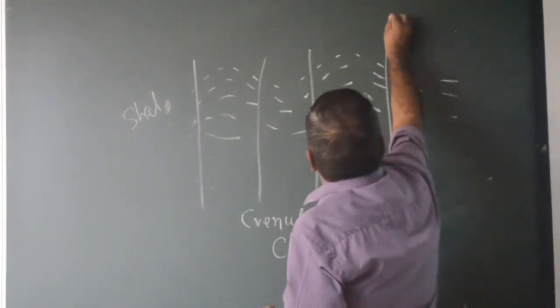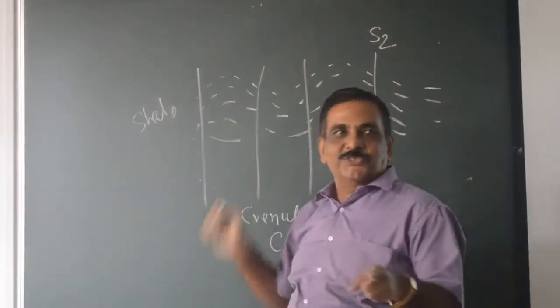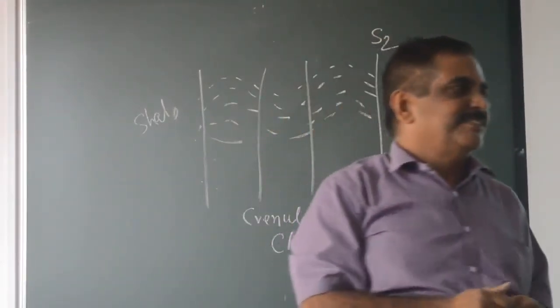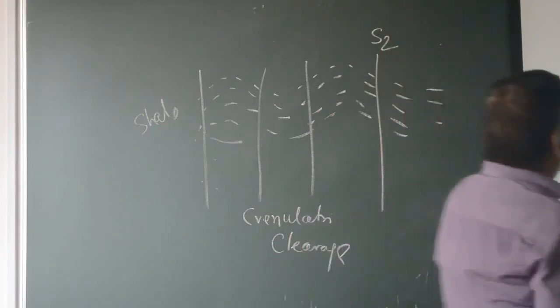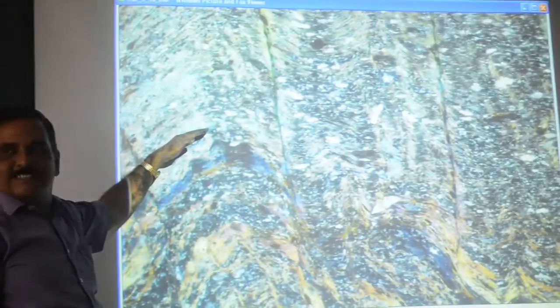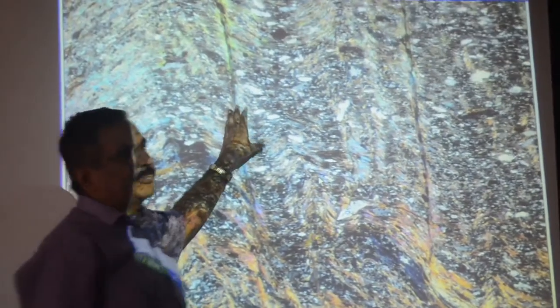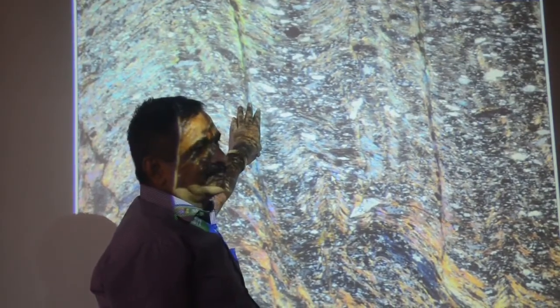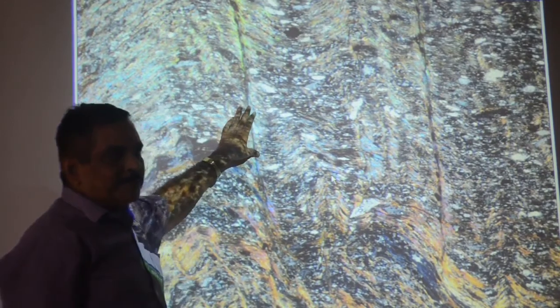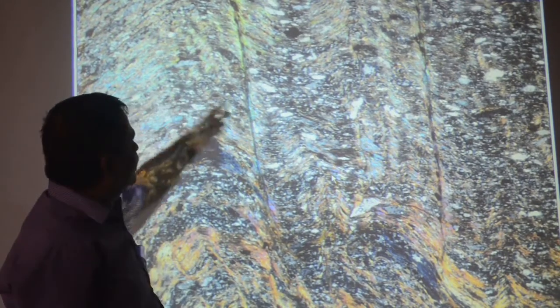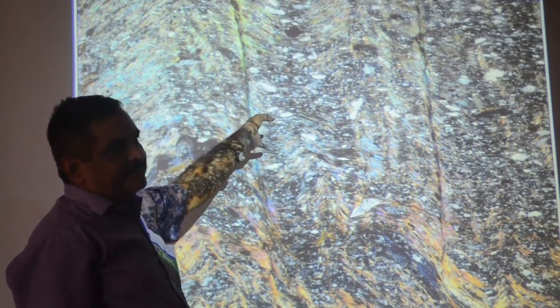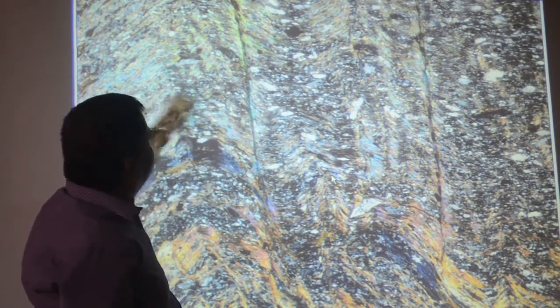So you can name it S2. So now you may ask, what is this plane? S1. What is this plane? S2. There will be no mistake in identification. Understood? Because once you know it is a granulation, this is a granulation cleavage. So this is a slaty cleavage.